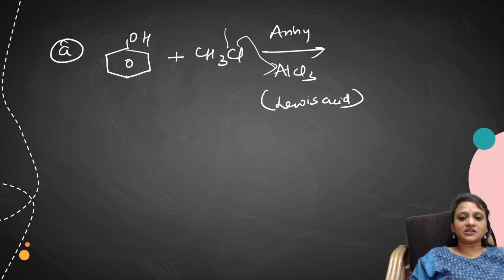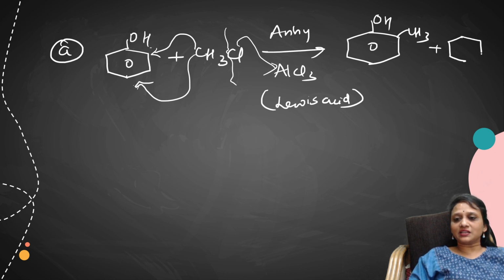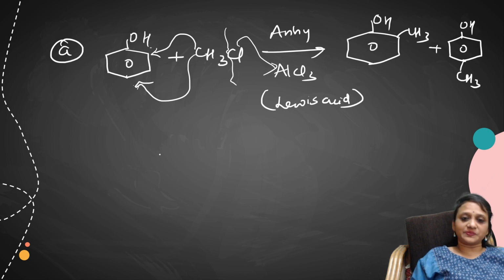What will happen? There is a cleavage of the bond and this methyl group goes and attacks this phenol at the ortho position. You get OH and CH3. And it also goes and attacks at the para position because of the resonance. You get one more product, OH and CH3. Understand?